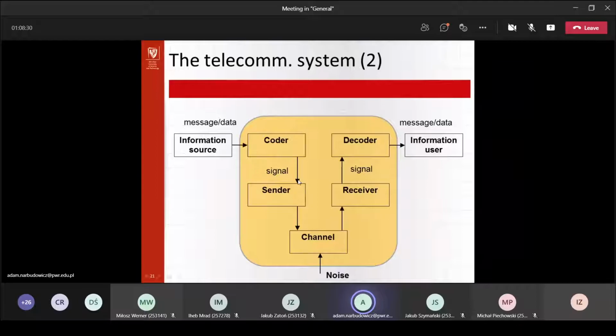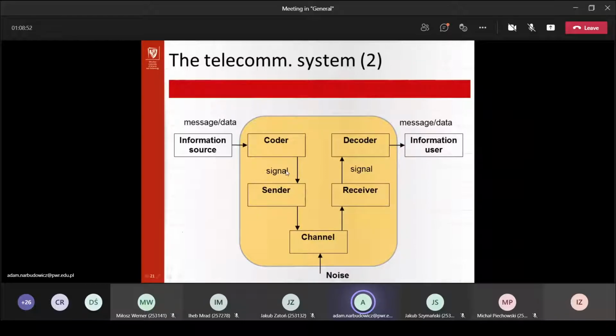Okay, so the clear distinction here is that the data is just rows of 0 and 1s. Let's call it this way. Whereas with your signal, you already think about some physical property that will later on be modulated to transmit that information, right?